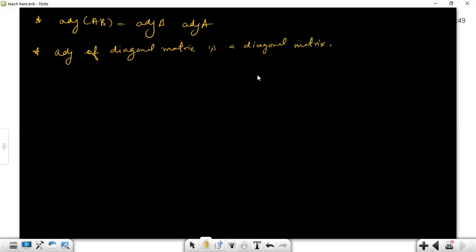Clear. These are some properties. We'll discuss more in determinant chapter 2.